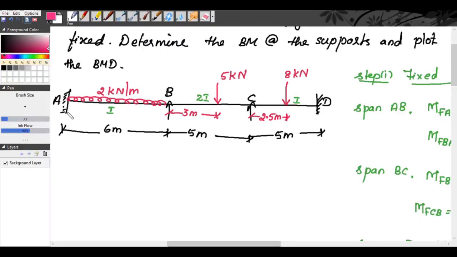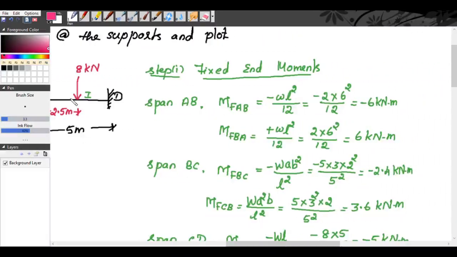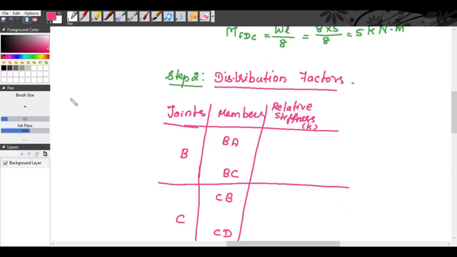If the far end is fixed, our relative stiffness is I by L. So relative stiffness is I by L, so I by 6.